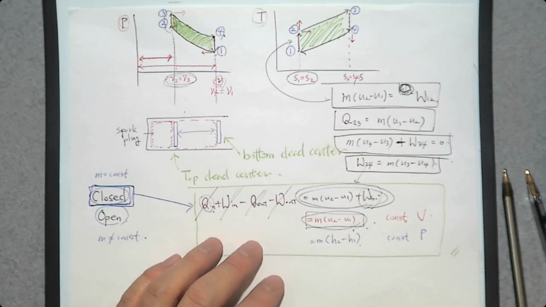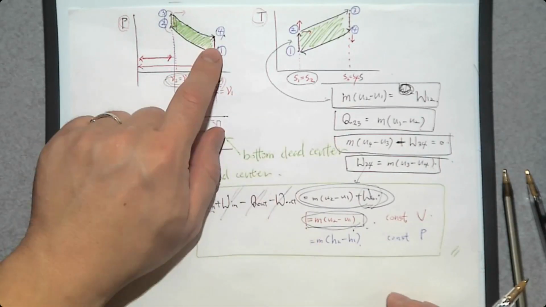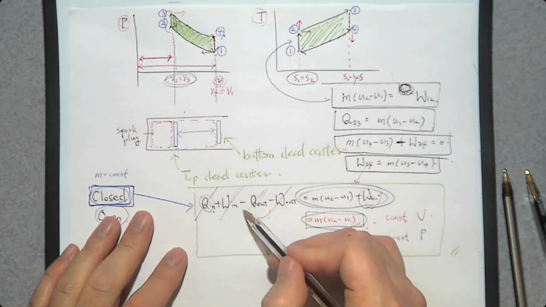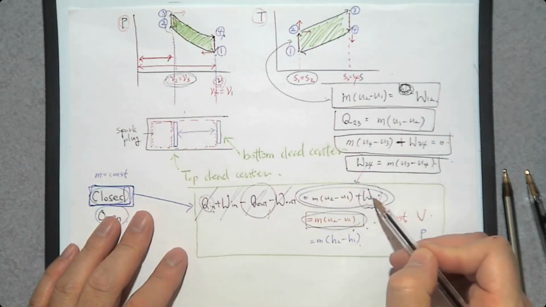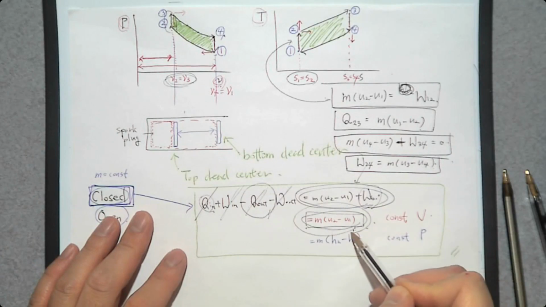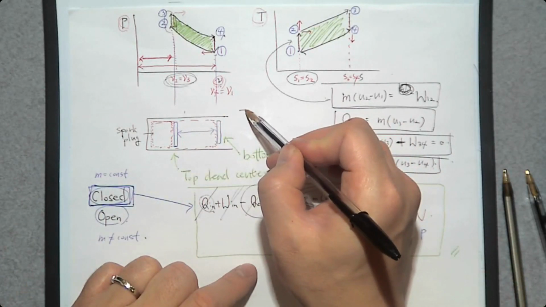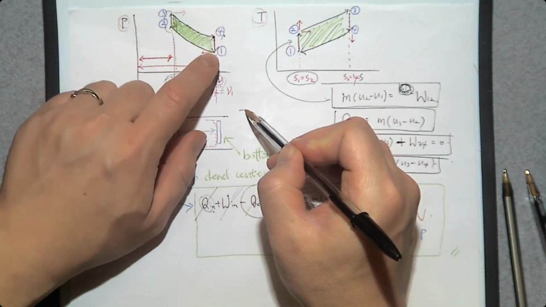And the last one is constant volume heat rejection. So in this case, we have Q out, and let me write it here. Minus Q out. By the way, Q out is between 4 and 1.